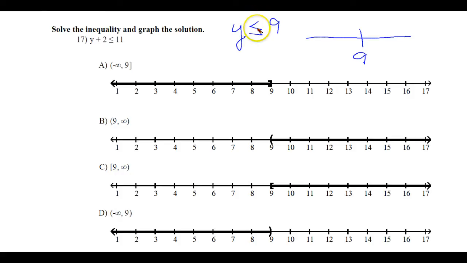Well, this is less than or equal to, so it will face left and be a bracket, indicating that the 9 is included in the answer, and then it goes to the left because it's less than, and it is letter A. Because in interval notation, this would be from negative infinity up to 9 with a bracket. And that's the graph.